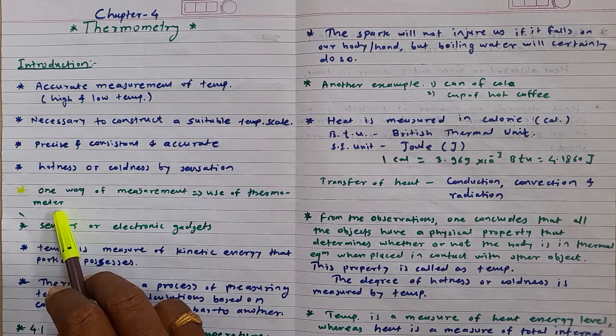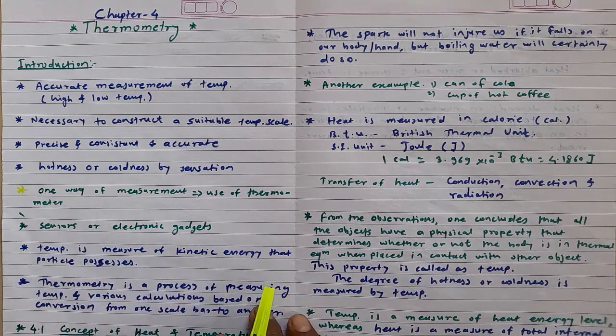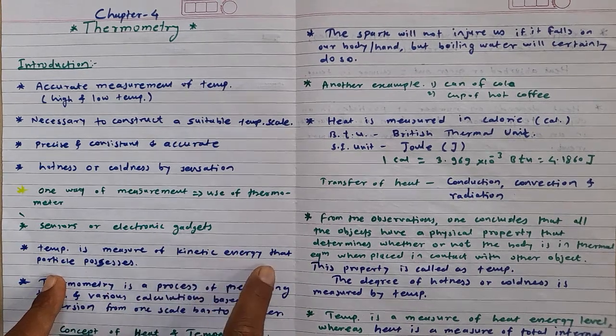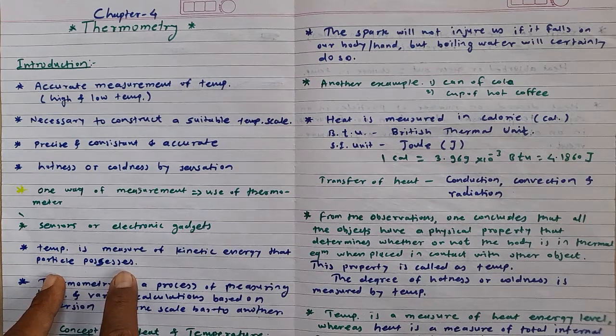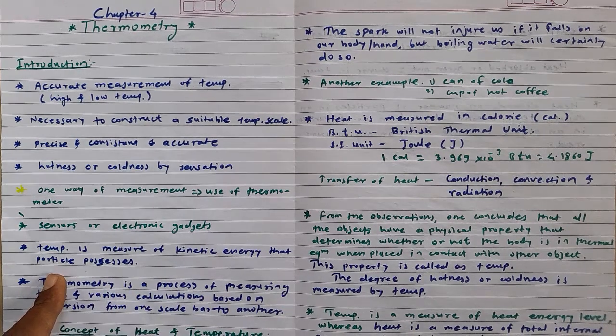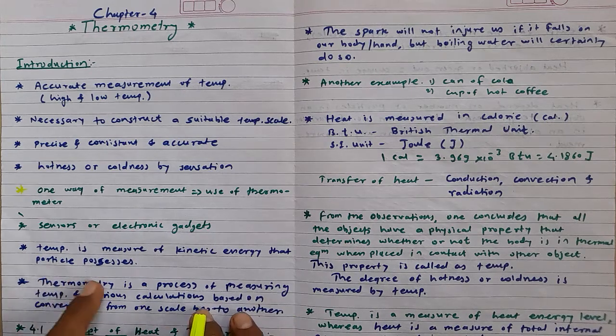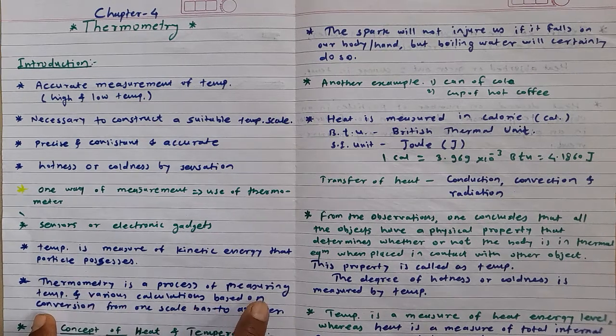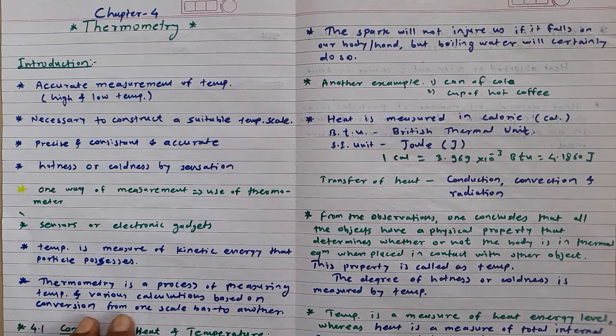Now temperature is actually the measure of the kinetic energy that a particle possesses. How much kinetic energy the particle possesses is the measure of it, right? In thermometry, we are going to understand that it is the process of measuring temperature and the various calculations which are based on the conversion from one scale bar to another one.